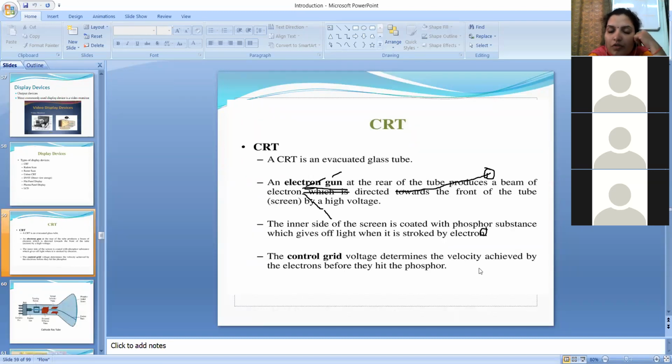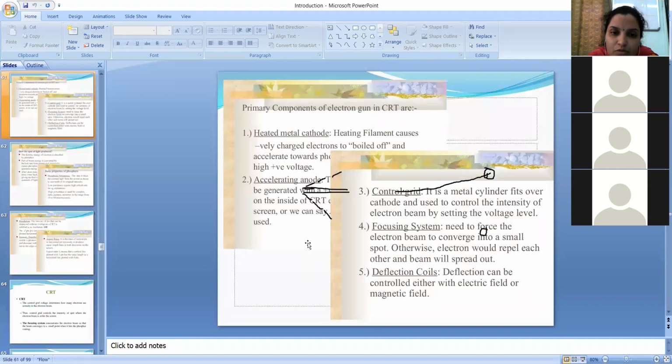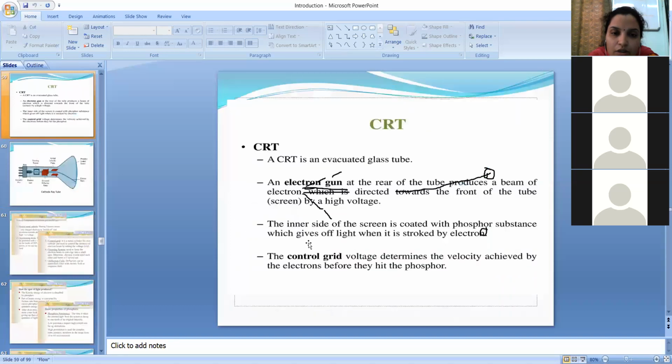So before just hitting this phosphor coated wall, whatever the velocity is generated by this electron beam is recorded by the control grid, and that control grid will decide where that beam should fall. Okay, so that is about the control grid.